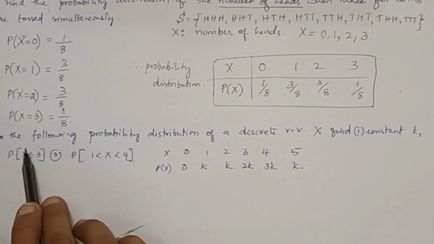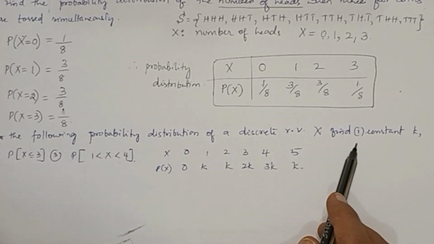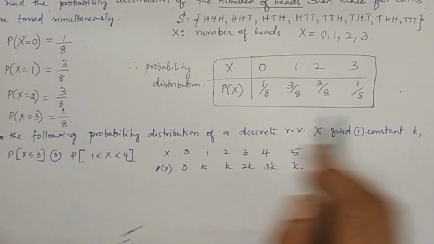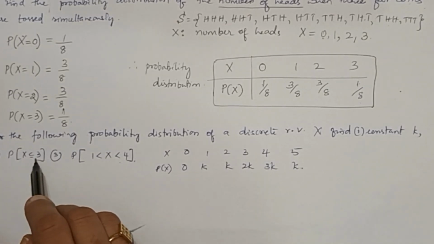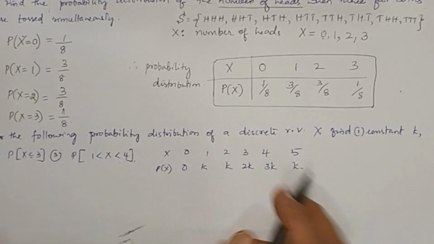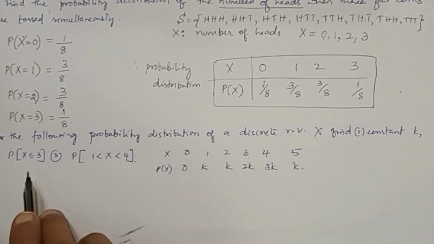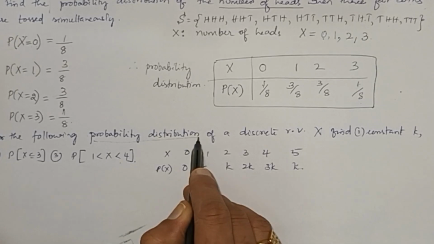See, third question. For the following probability distribution of a discrete random variable x, find constant k, then find probability x less than or equal to 3 and probability of x in between 1 and 4. So, first let us find the value of k. This is given, it is the probability distribution.